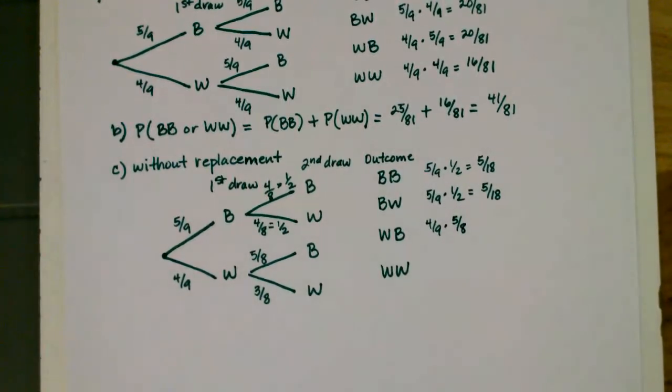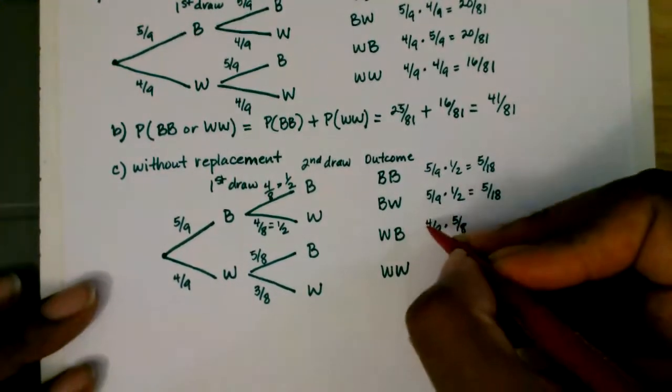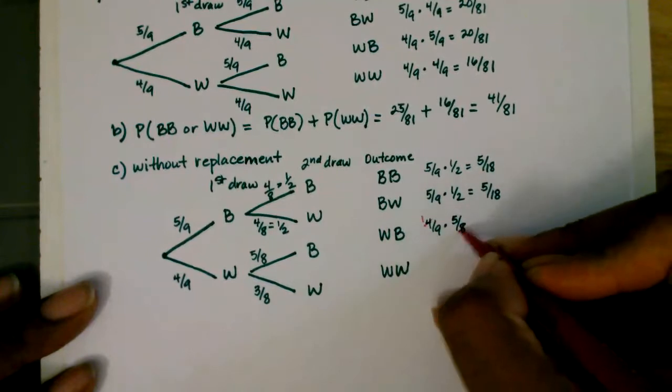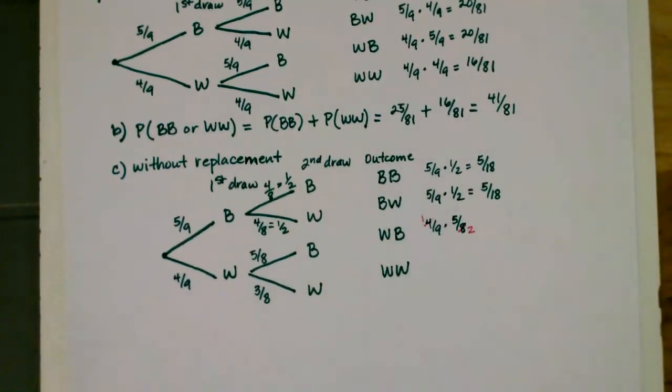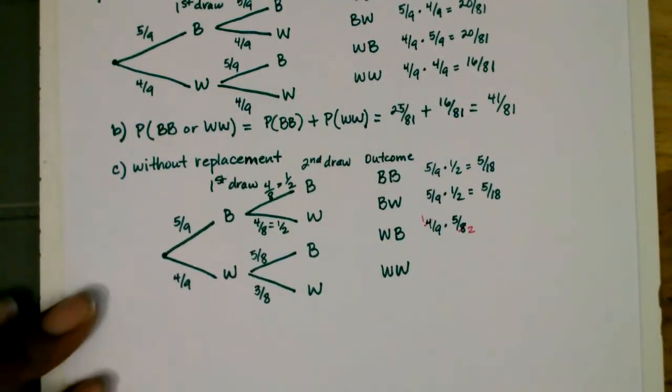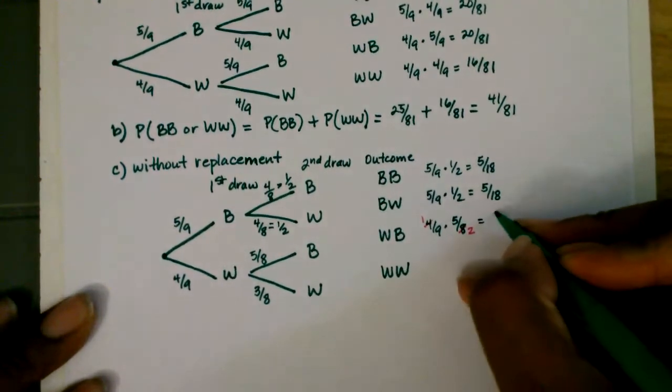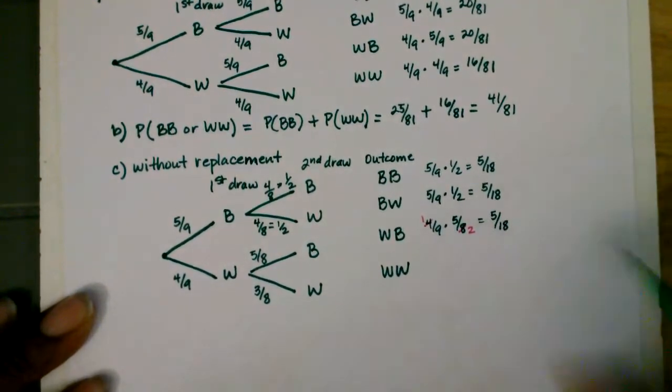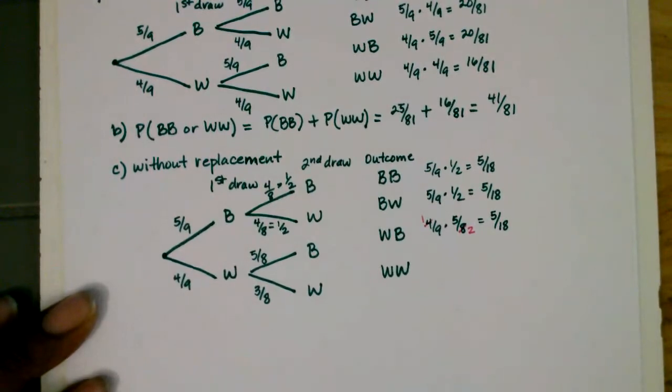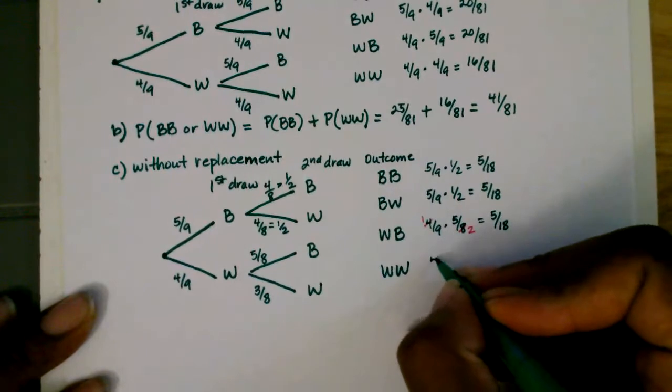Let's see here. I can divide 4 into 8. 4 goes into itself 1 time, 4 goes into 8 2 times. So 1 times 5 will be 5 over 9 times 2, which is 18. And then finally, 2 white balls, 4/9 times 3/8.